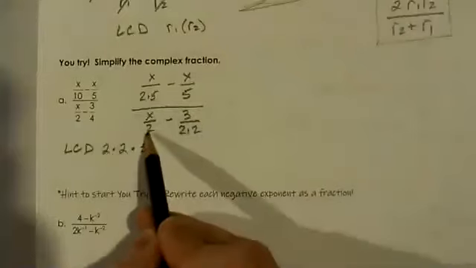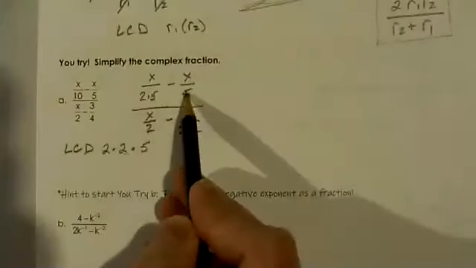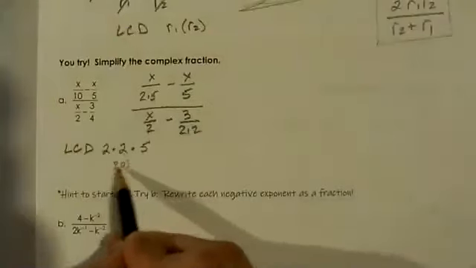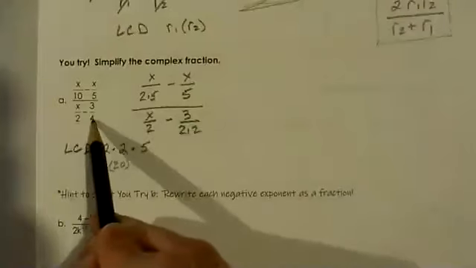So a 2, 2, and a 5. Well, if you do the math to that, that's 4 times 5, which is 20. 20 is the number that 2 goes into, 4 goes into, 5 goes into 20, 10 goes into 20. That's the smallest number all of these values go into.